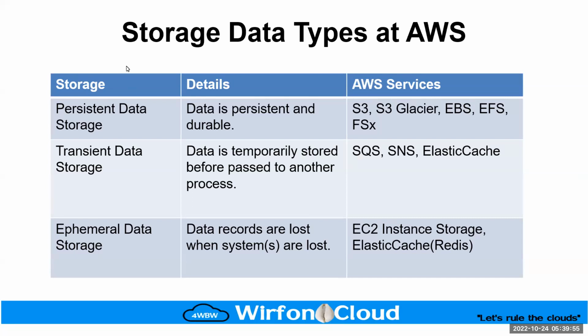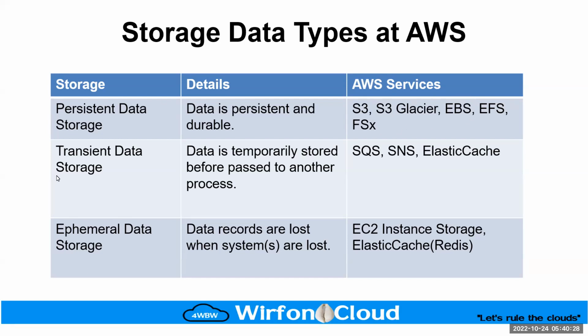Now, this is a summary of the storage data types at AWS. With persistent data storage, basically data is persistent and durable, and the services involved are S3, S3 Glacier, EBS, EFS, and FSx. These services we'll be looking at throughout this module.